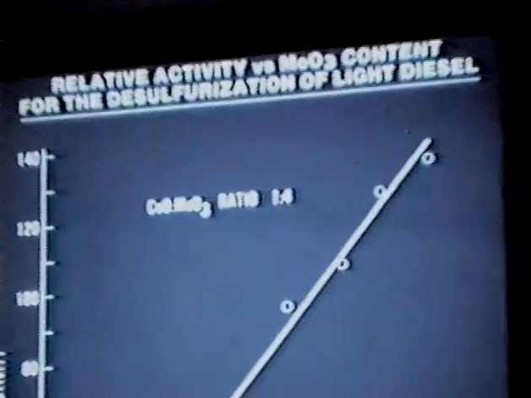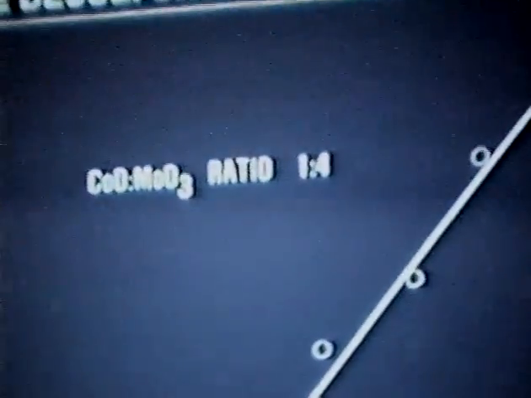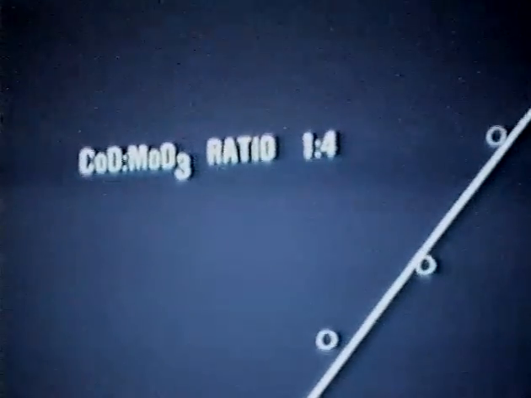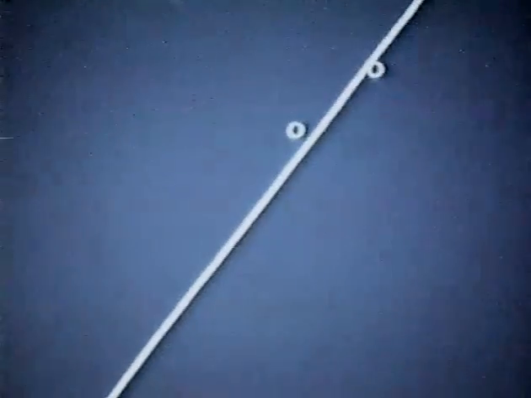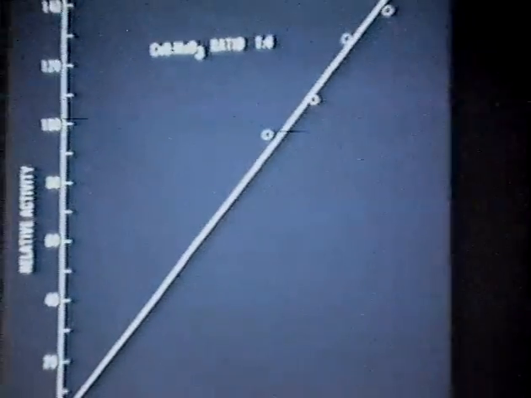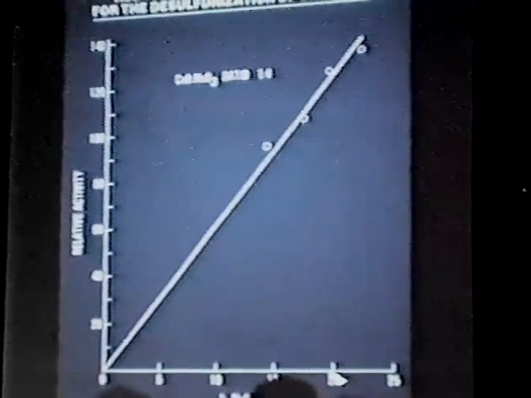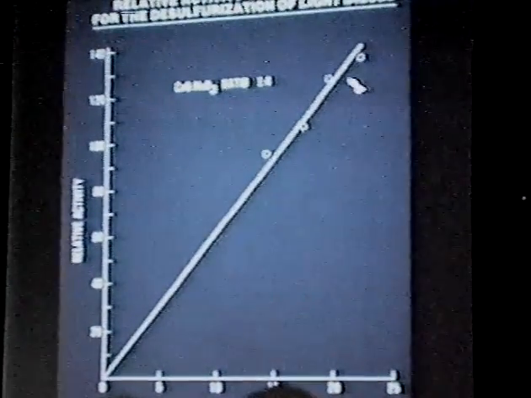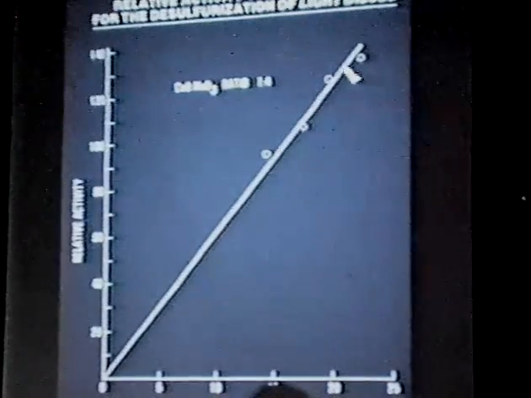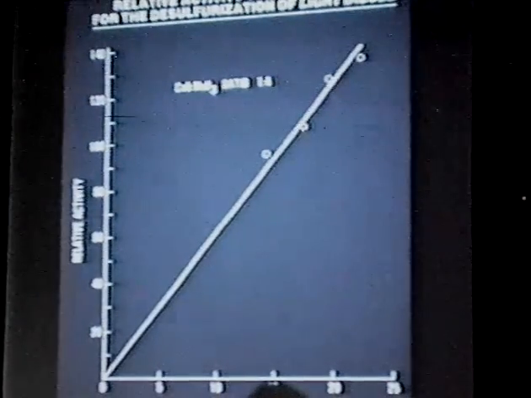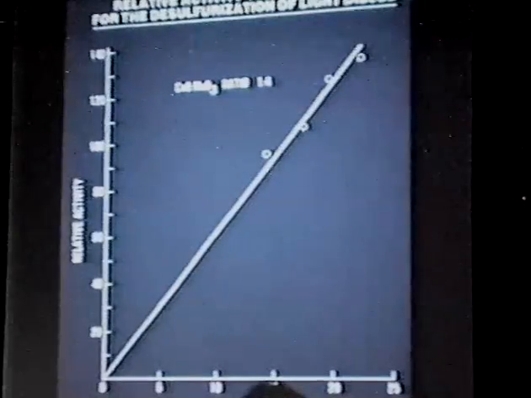But as you can see, this did make a nice straight line, so it showed us one more time that we seem to be on the right track, and that the percent MoO3, which is 10, 15, 20, certainly above 12% where the catalyst of the day had been. If the MoO3 were raised up to around 20%, then we still had seemingly the activity increasing with metals loading, so that looked good at that stage.